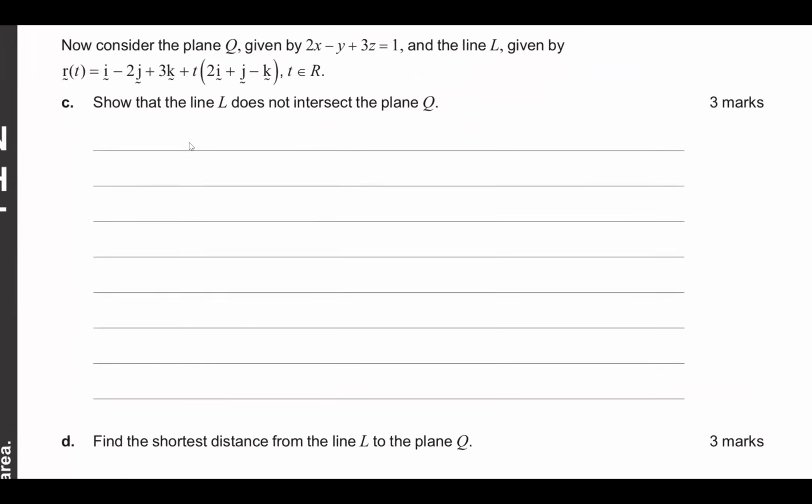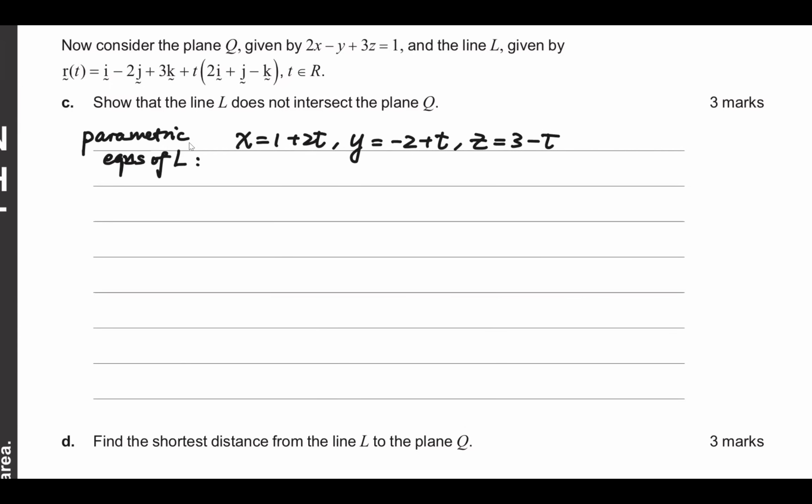Show that the line L does not intersect the plane Q. So the most direct method is to get the parametric form. You get x equals 1 plus 2t, y equals negative 2 plus t, z equals 3 minus t, okay? And solving Q.